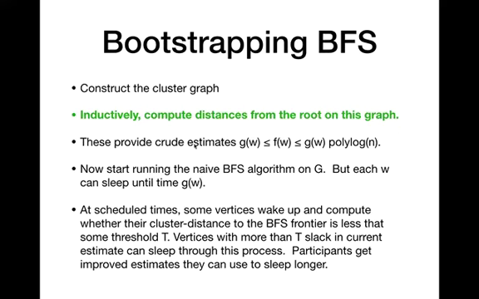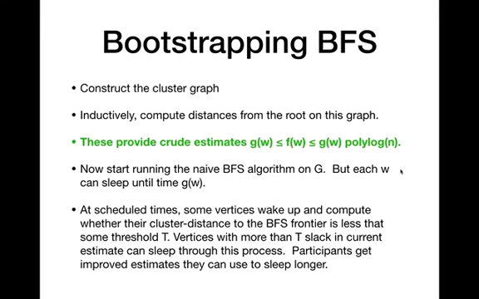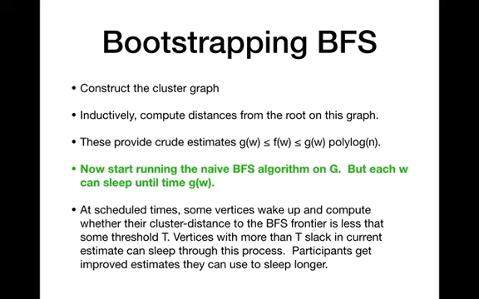And this is going to provide crude estimates of the distances in the original graph. And now, using these crude estimates, we can start running the naive BFS algorithm on the graph. And each vertex can sleep until its crude estimate time.